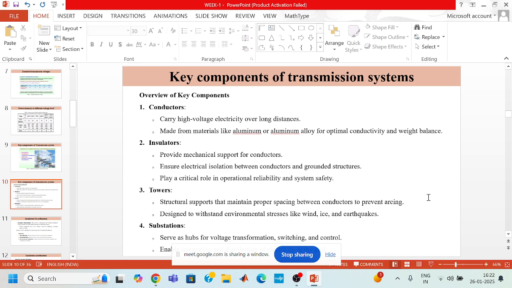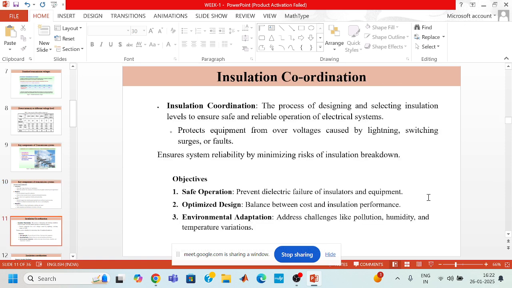Substations serve as the hubs of voltage transformation, switching, and control, and they also enable integration and distribution of electricity in various grids. So these are some key components of the transmission system which are used for transferring electricity.